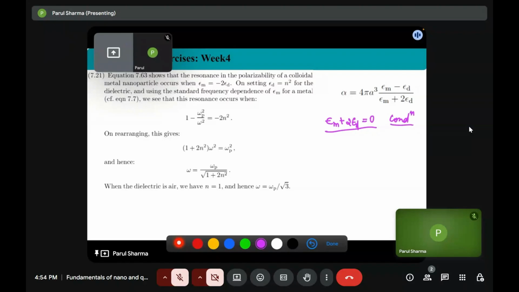So from this condition, since epsilon d is equal to n squared, and epsilon of omega is equal to 1 minus omega p squared by omega squared, we will substitute the value, minus 2n squared.